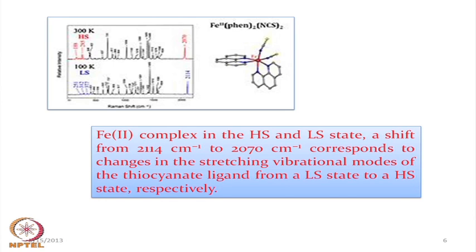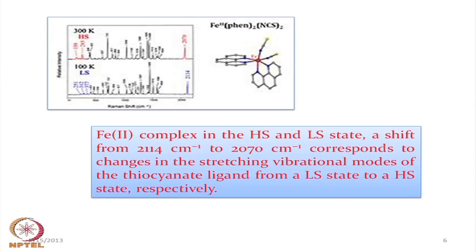So, that gives us a clear indication that as we move between a high spin and a low spin situation, the corresponding iron thiocyanate stretching frequencies, or rather the corresponding CN and CS combined stretching frequencies, are changing. This is very characteristic of the CN stretching frequency within the thiocyanate group, changing from 2114 centimeter inverse to 2070 centimeter inverse, the lower value, for the movement from a low spin to a high spin state.